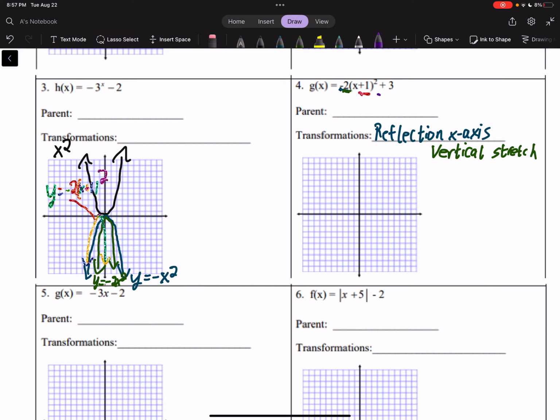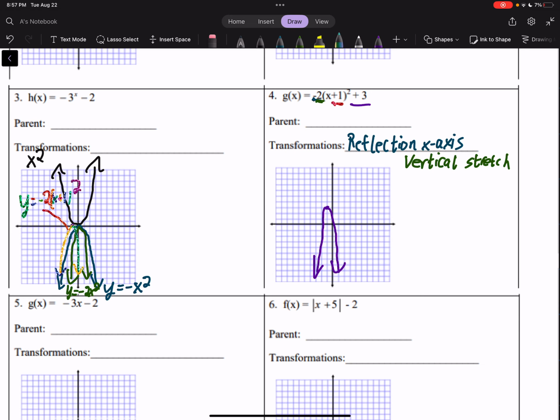Then we have this +3. So that's going to take our multicolored line and move it up 3 units. So there's the vertex. And it's going to go to infinity faster than the parent function. Okay?